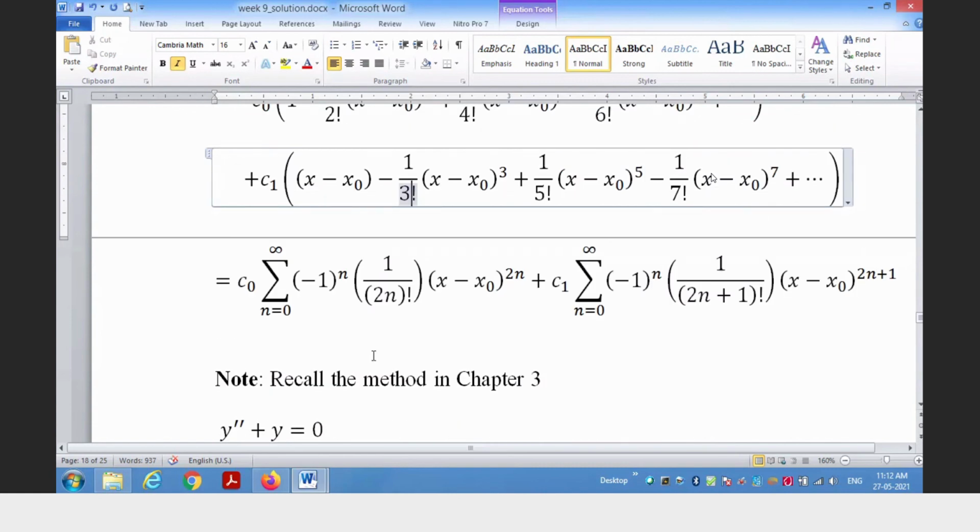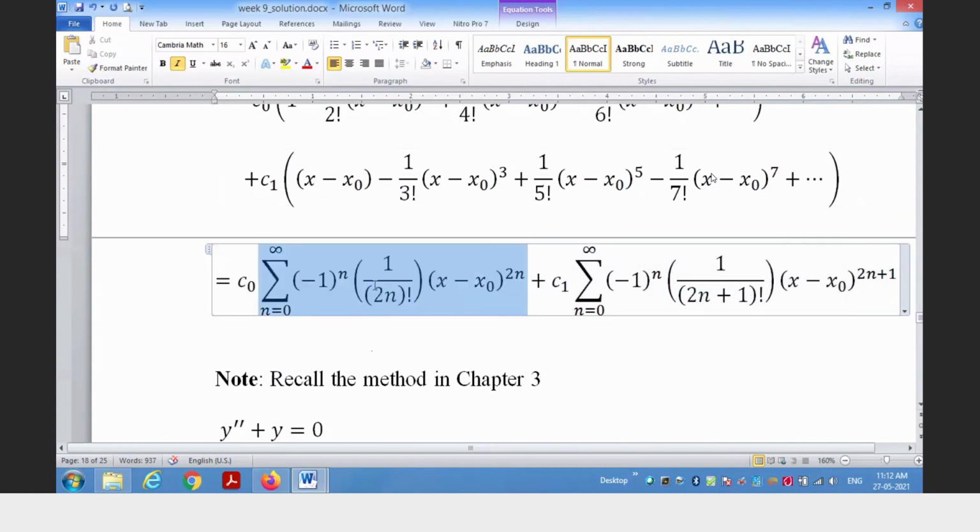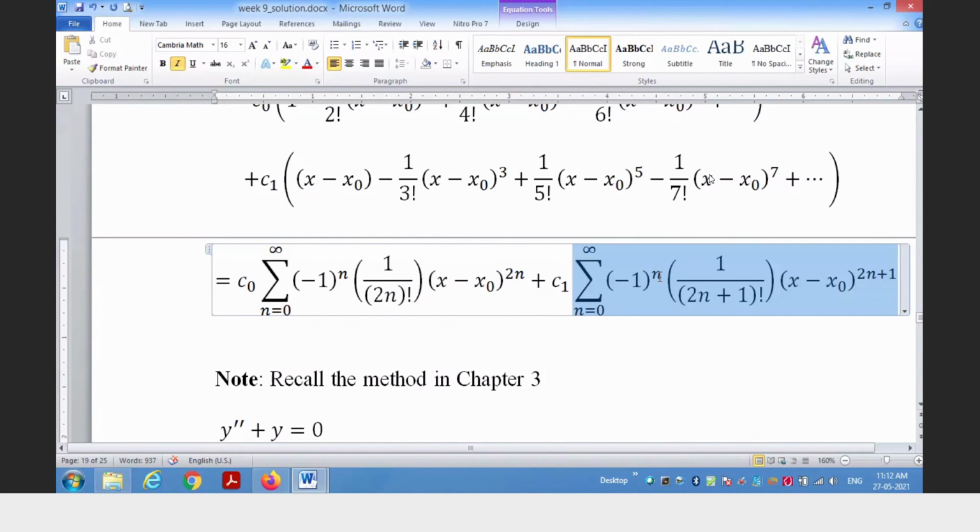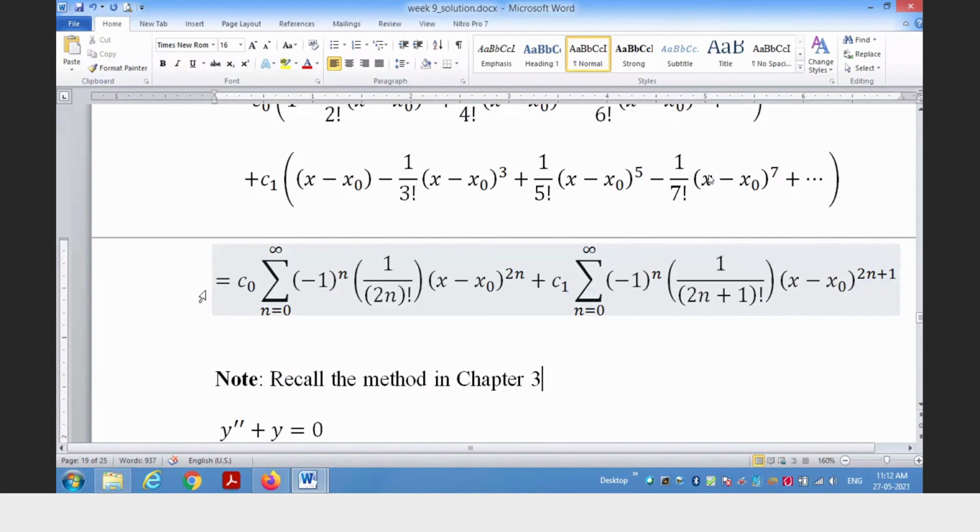All right, so this one is actually equal to what? Cos x. You can represent cos x as this series, and this is equal to sin x. Actually, this is equal to C0 cos x plus C1 sin x.